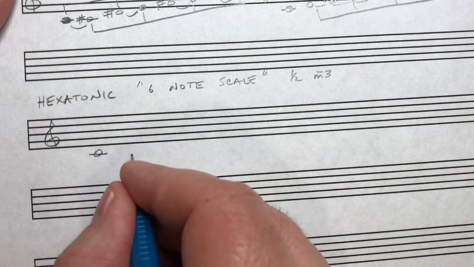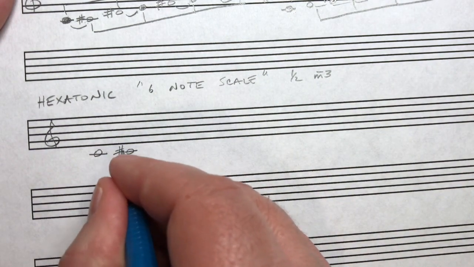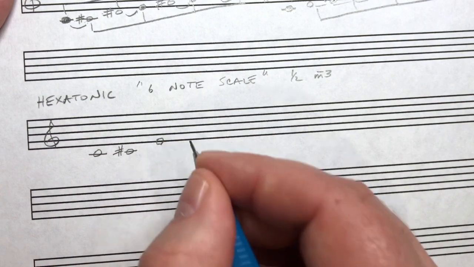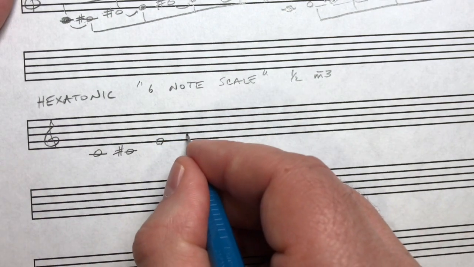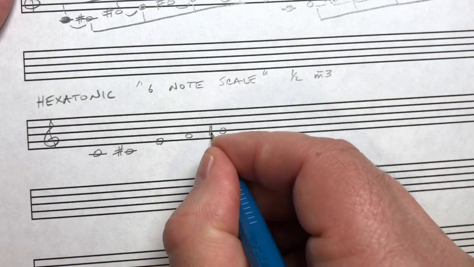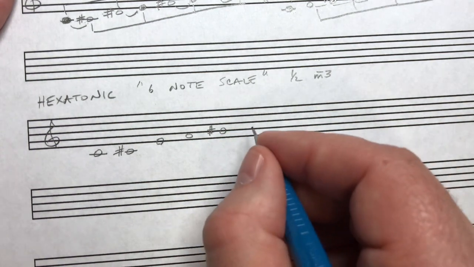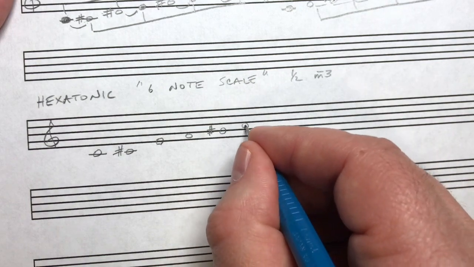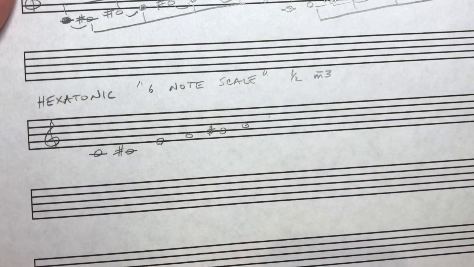So here we would go C, C sharp, minor third up to E, half step up to F, minor third enharmonically up to G sharp, half step up to A, and then a minor third up to C.